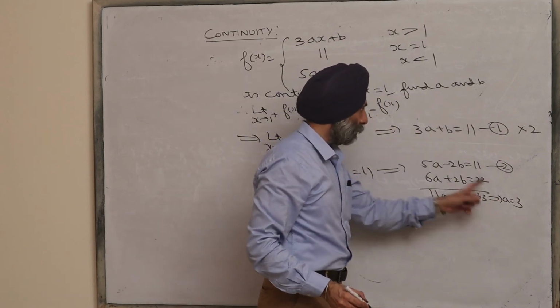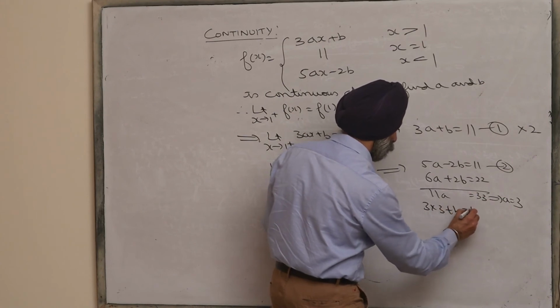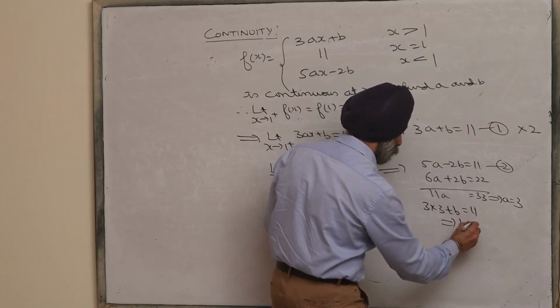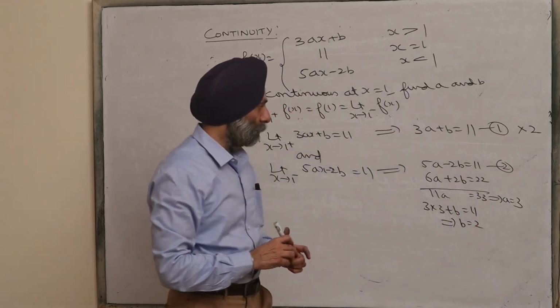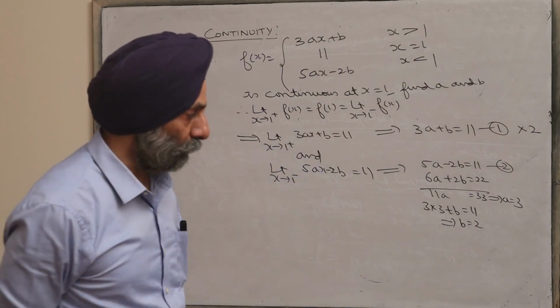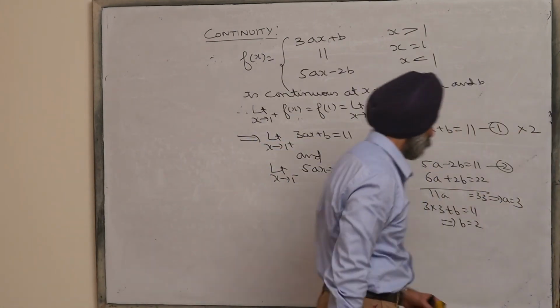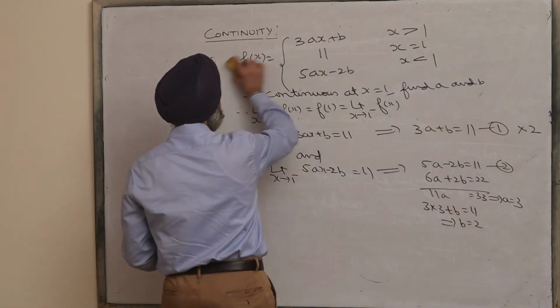If we substitute the value of a here, 3 into 3 plus b is equal to 11, so b is equal to 2. So if a is equal to 3 and b is equal to 2, then this function will become continuous at x equal to 1.